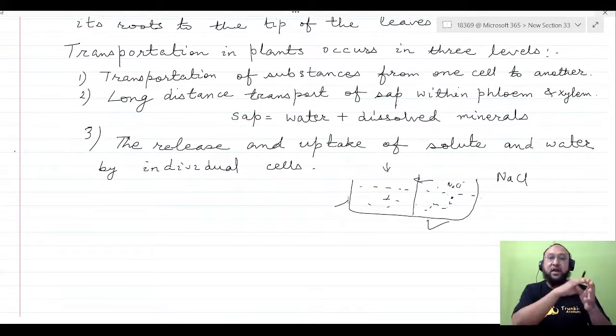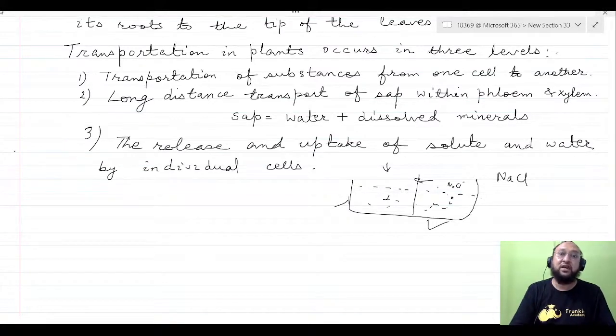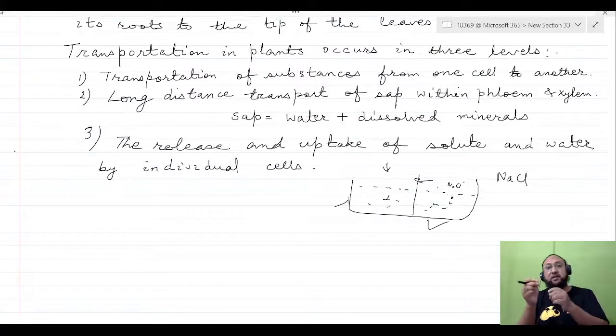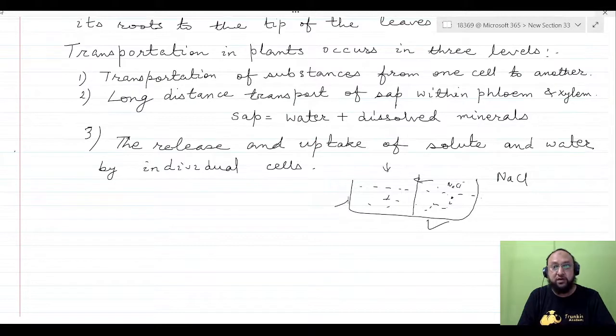That is diffusion, from higher concentration to lower concentration. This is a kind of passive transport, where energy is not required. When the NaCl molecule moves in the diagram I have drawn from higher concentration to lower concentration, it moves automatically, so there is no requirement of energy.